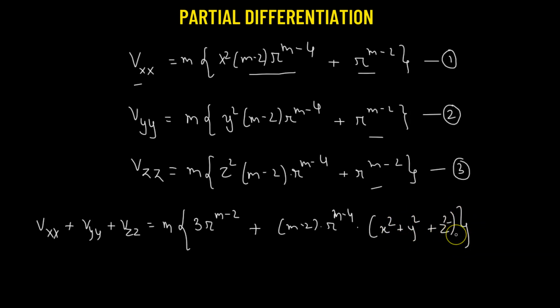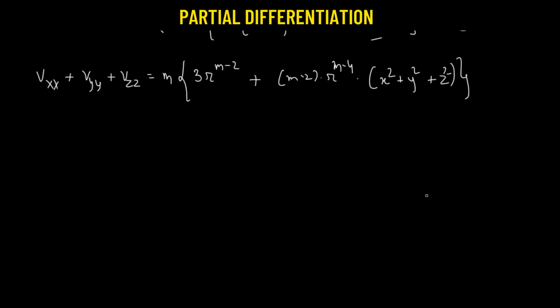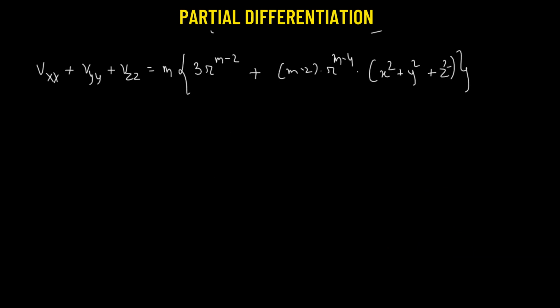Now x squared plus y squared plus z squared is equal to r squared. So we can replace this value with r squared, which will give us m times 3 times r raised to the power of (m − 2) plus (m − 2) times r raised to the power of (m − 4) multiplied to r squared.